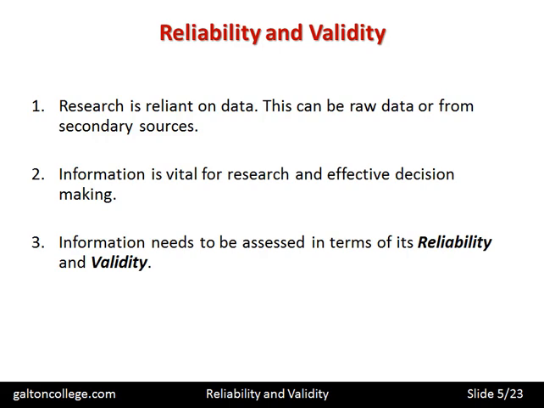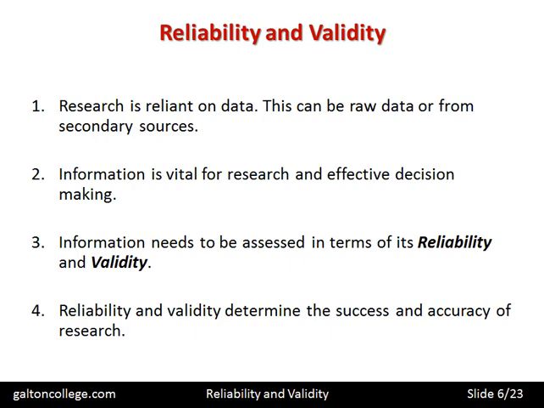Information needs to be assessed in terms of its reliability and validity. So we have two tests for information to see if it is good information. If it's not good information, clearly it shouldn't be used. Reliability and validity determine the success and accuracy of research.